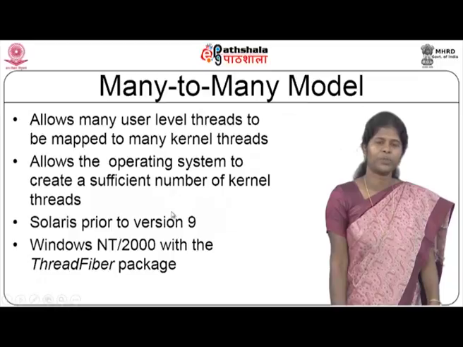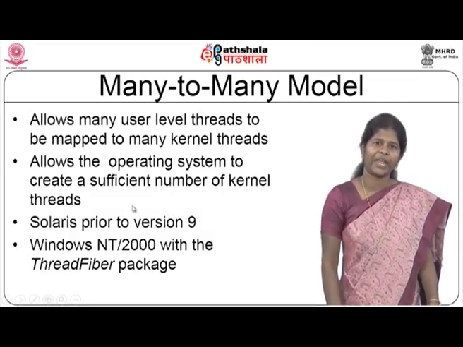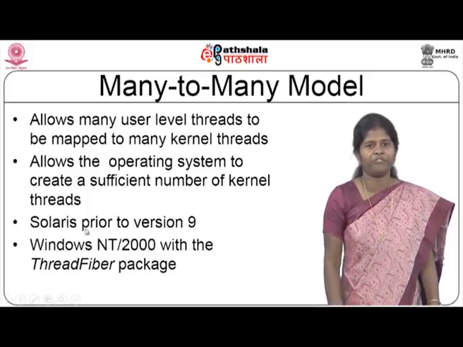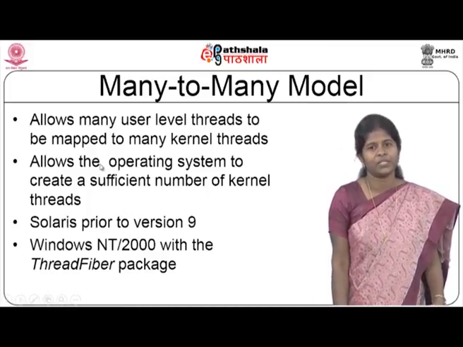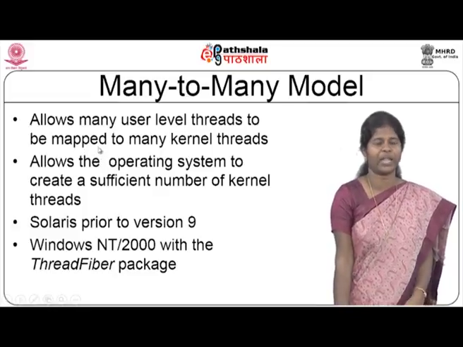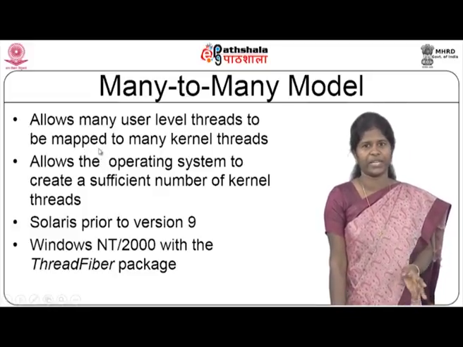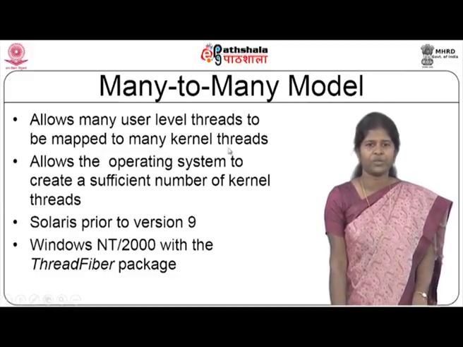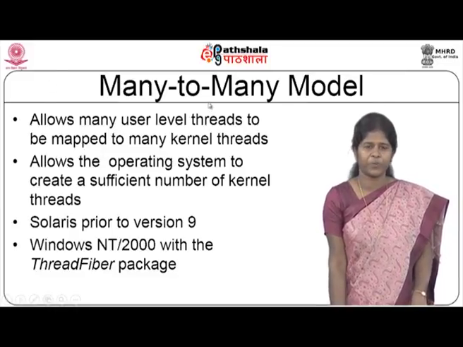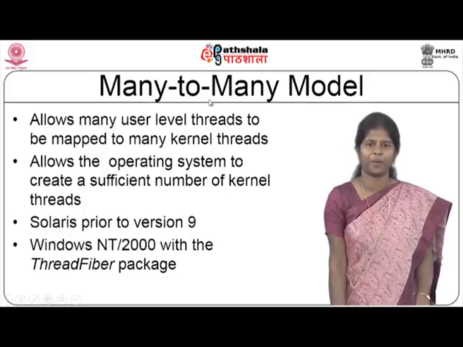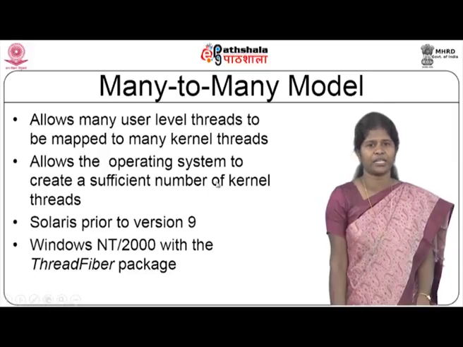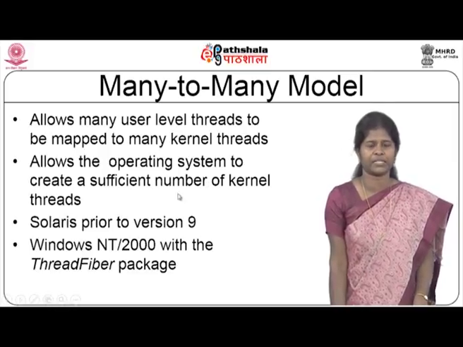It is also possible to have a many-to-many model. That is, you can have a number of user level threads and a number of kernel level threads. The number of kernel level threads will either be equal to the number of user level threads, or it can even be less. This option allows the operating system to create a sufficient number of kernel threads.